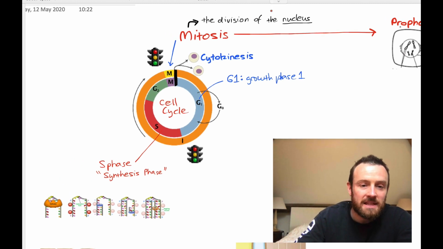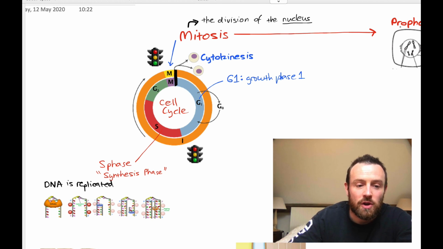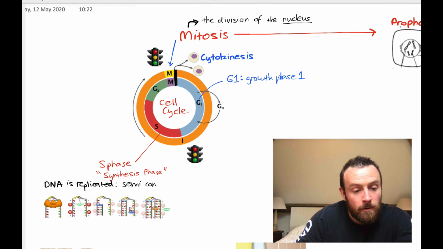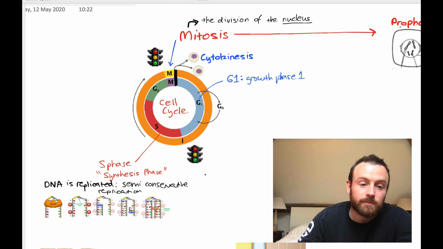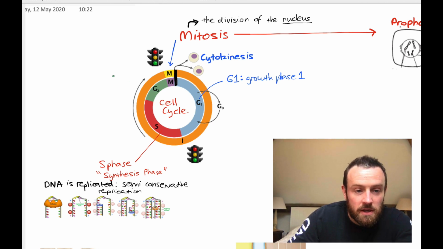So the main thing that happens in S phase is DNA is replicated. And underneath here, I've got this image from the previous mind map, which shows semi-conservative replication. And then we have G2, keeping the color scheme that they've chosen here, is the second growth phase.